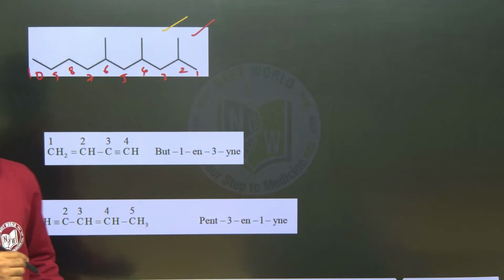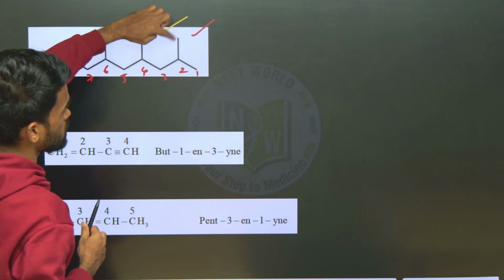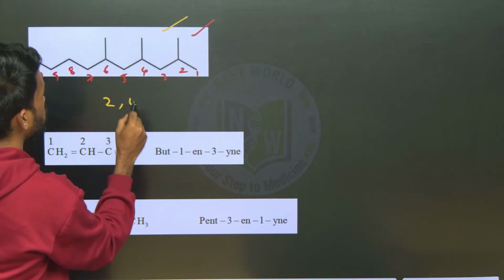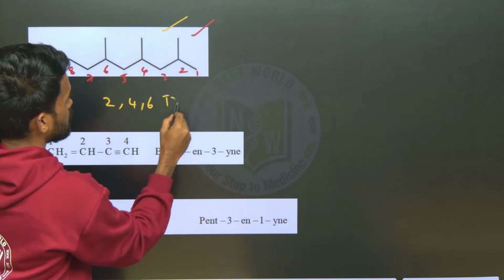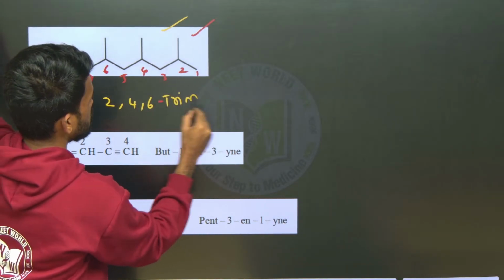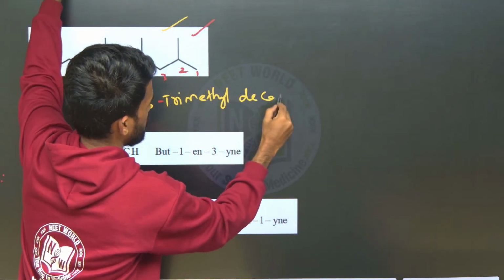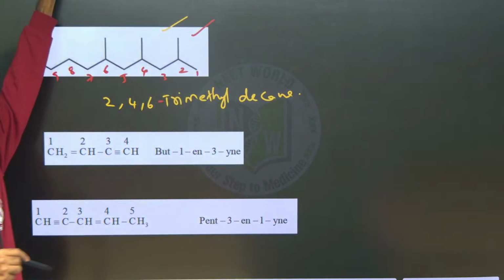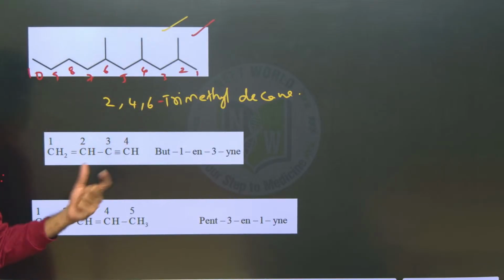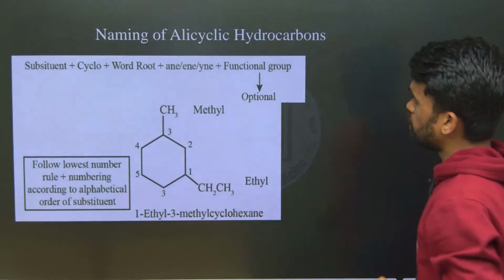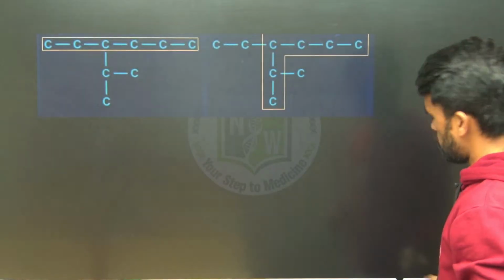After that we have substituents at 2, 4, 6, so we can say 2,4,6-trimethyldecane. Like this I have given different compounds and asked for their naming. Now we'll practice a little more on this.